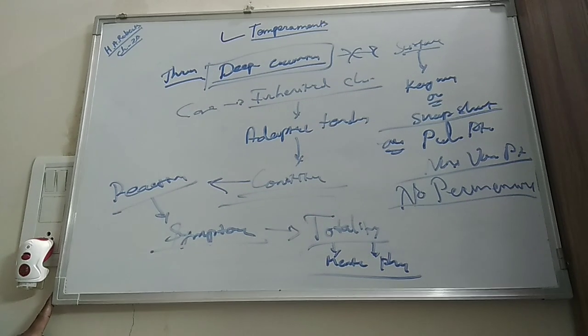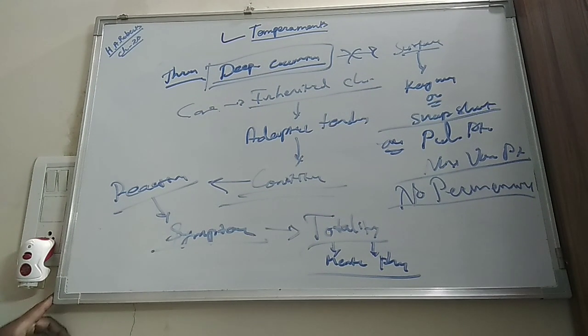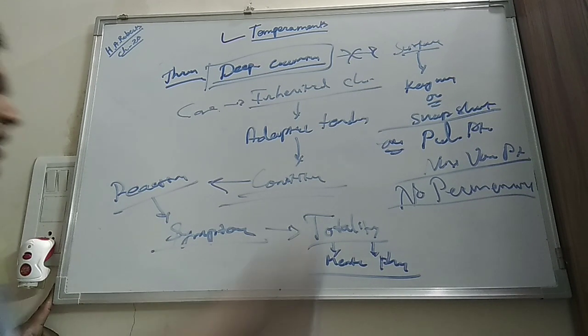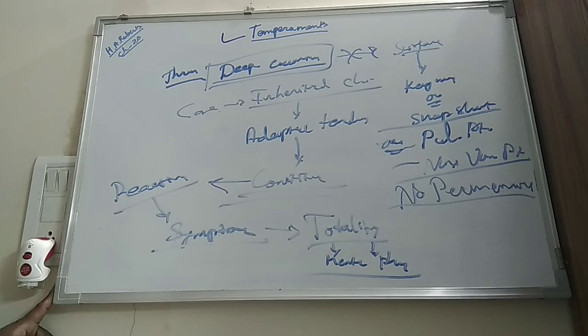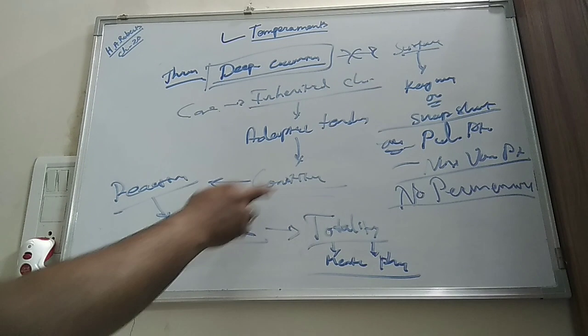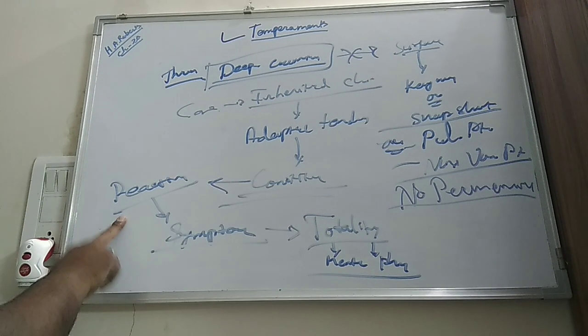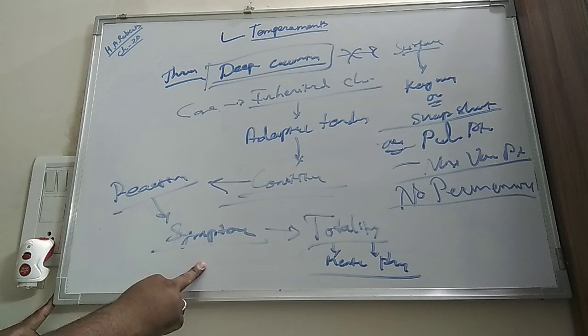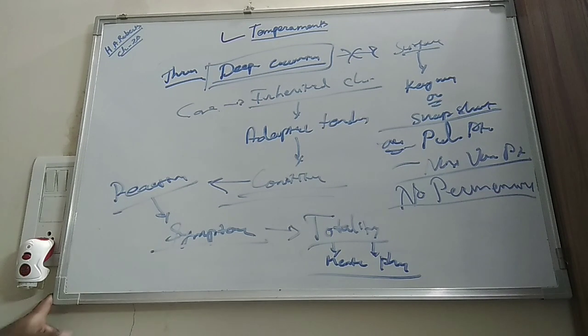Please understand that. Many mistakes have been made in prescribing on this so-called type method. We are not going to give a type. We have to understand inherited characteristics, adaptive tendencies, constitution through the reaction which we call symptoms. In totality, it provides mental and physical characteristics. That is our understanding of temperament.